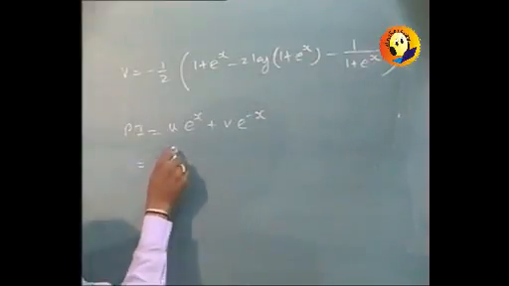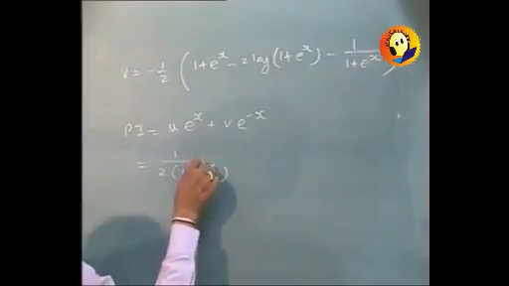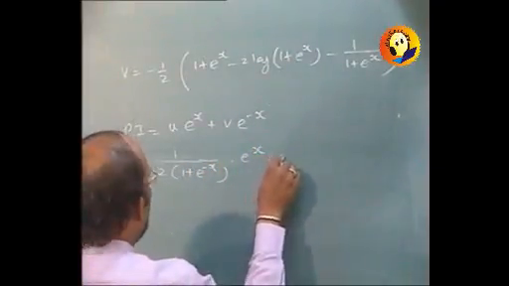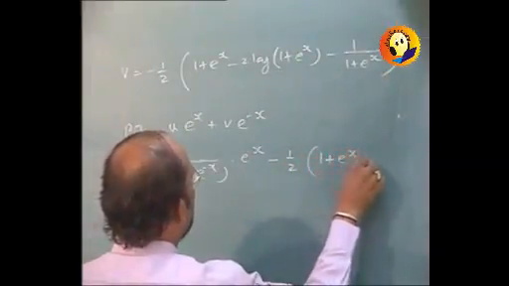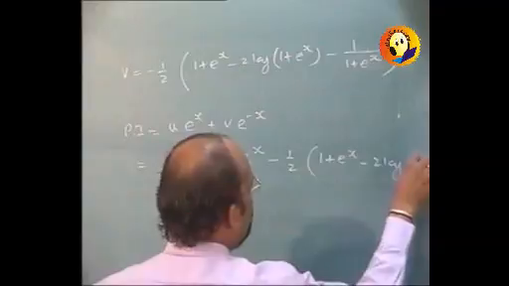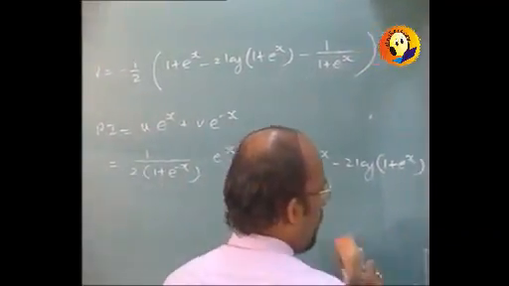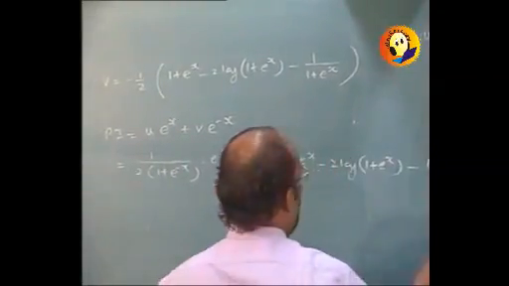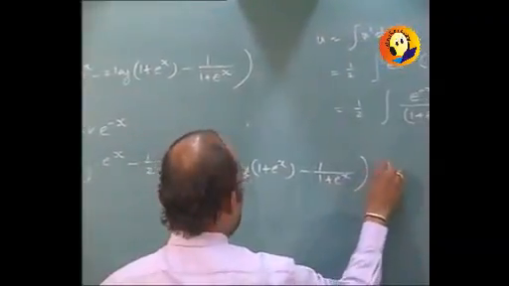Ultimately it comes out to be 1 upon 2 into (1 plus e raised to minus x) into e raised to x, minus half into (1 plus e raised to x minus 2 log of 1 plus e raised to x minus 1 upon 1 plus e raised to x), the whole thing multiplied by e raised to minus x.